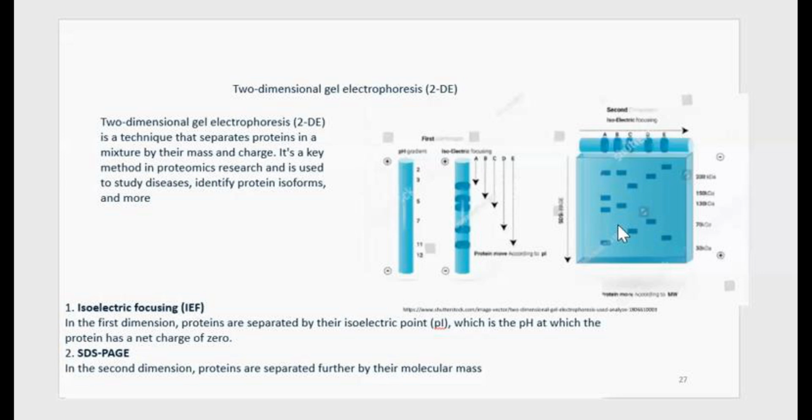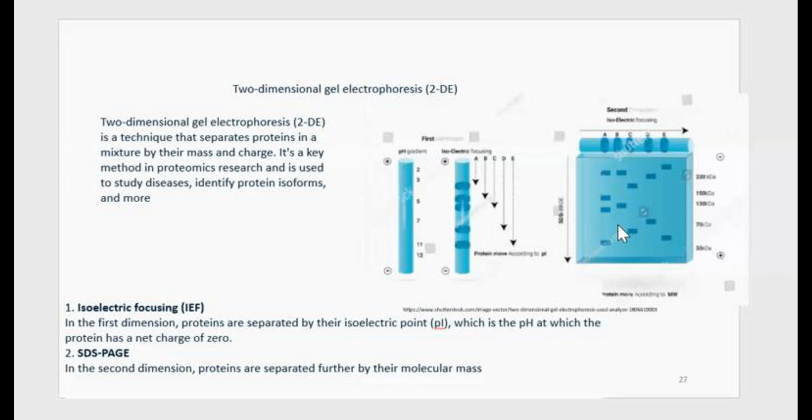Then, as you can see in the diagram, on one side you have a positively charged electrode, and on the other side a negatively charged electrode. The movement of proteins under the influence of ampholytes, or the pH gradient, is dependent on the net charge on the protein, right? So when it is in the region where its pI is more than the pH, so the pH region is below the isoelectric point, then it will have positive charge.